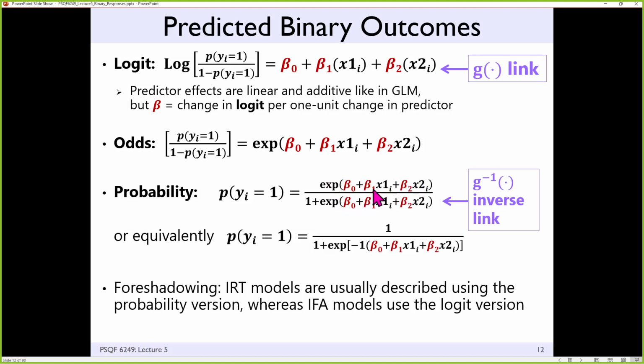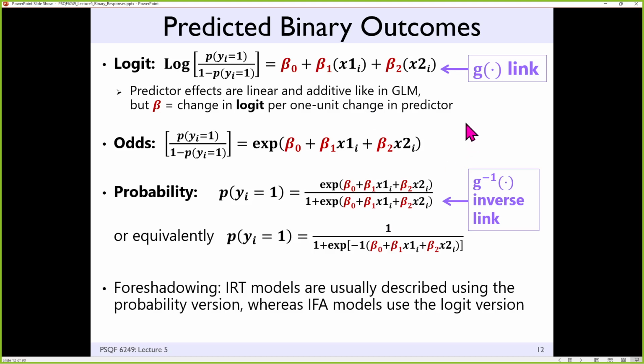Any kind of language that's like, well, this is the change in the something for 1 unit, no. Those words just don't work to describe this. So in practice, interpreting the parameters is easiest if they're predicting a logit, but then describing to folks what that prediction actually means is much easier if it's a predicted probability. So you got to be able to go back and forth.